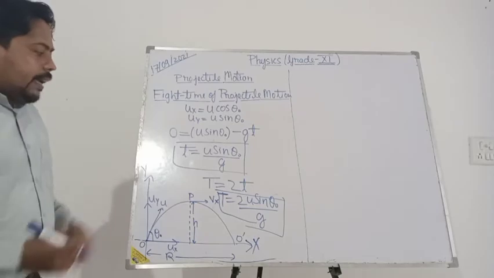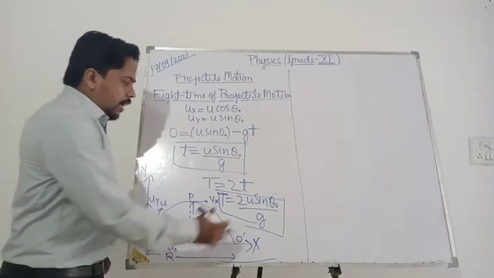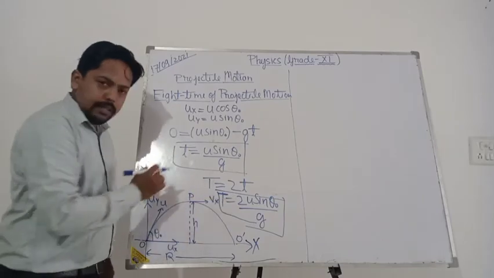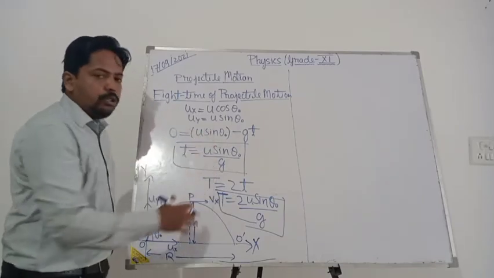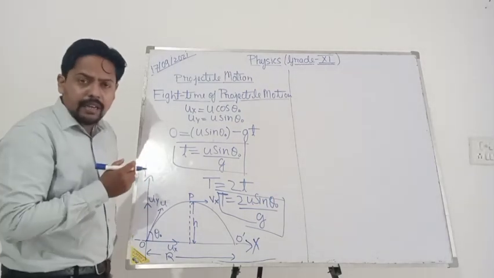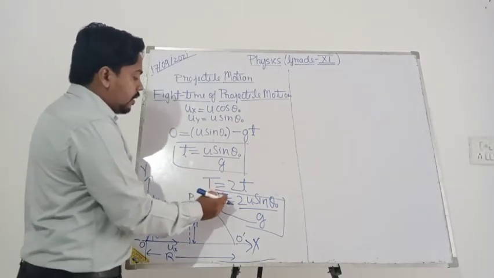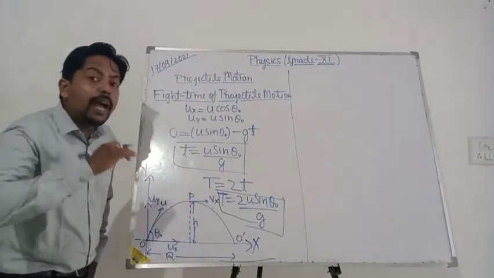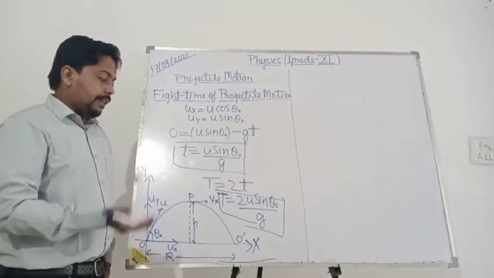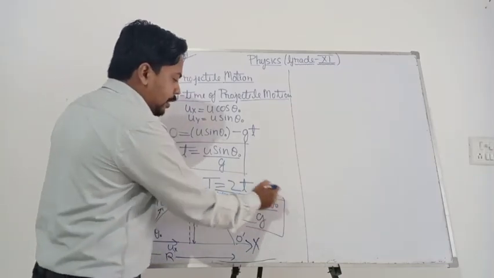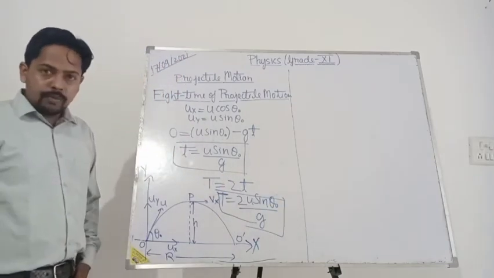So we can analyze that at different values of theta, the flight time also varies. For example, in which case can we say that the total time taken by the particle in covering the projectile motion will be maximum? For the time to be maximum, the function of theta, that is sin theta, should have its maximum value.